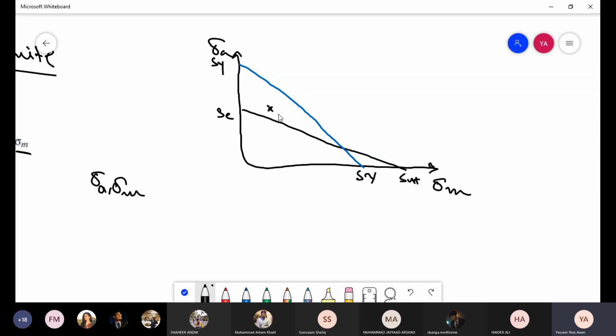Now what we can do, similar to the Goodman line we used, is draw another line that passes through this point from SUT and comes here, and that value would give you the value of fatigue strength, similar to a completely reversed load.